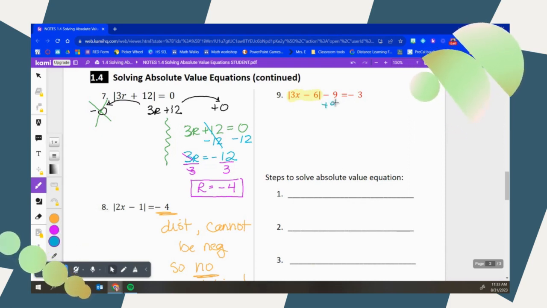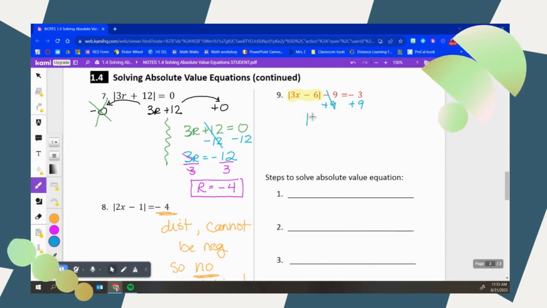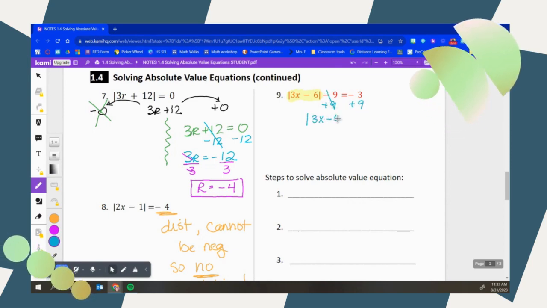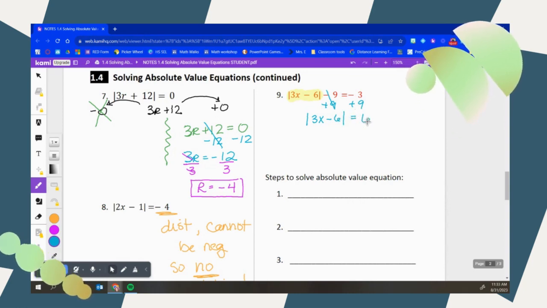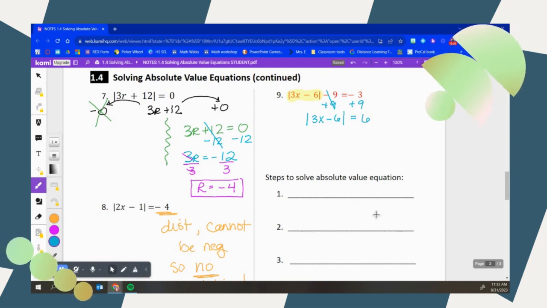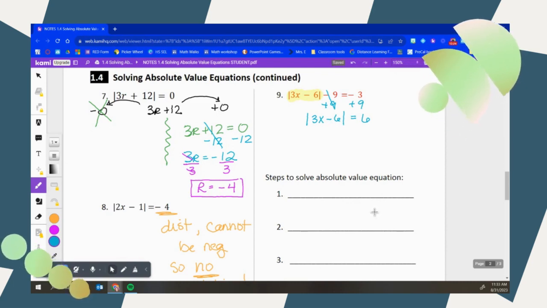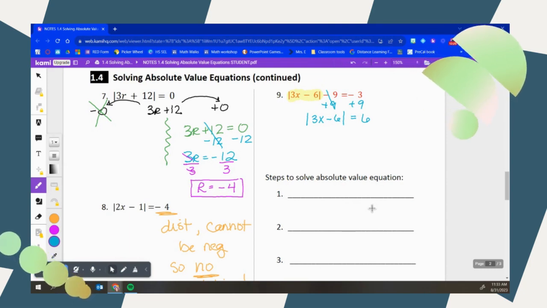So plus 9, plus 9. Those are going to cancel. I have absolute value of 3x minus 6 is equal to 6. Is it no solution? No, because now I have a positive over there.